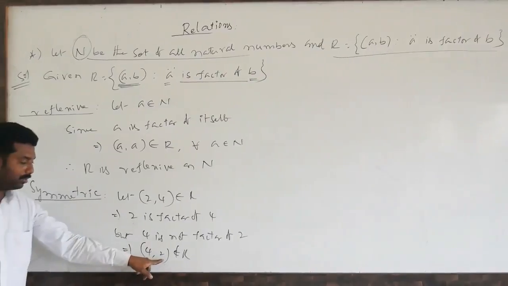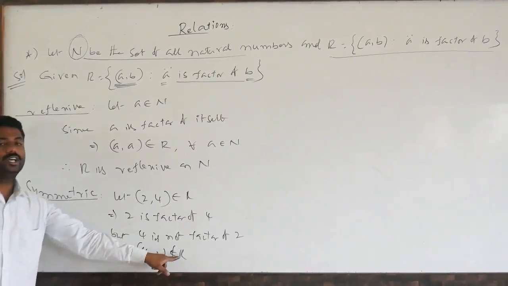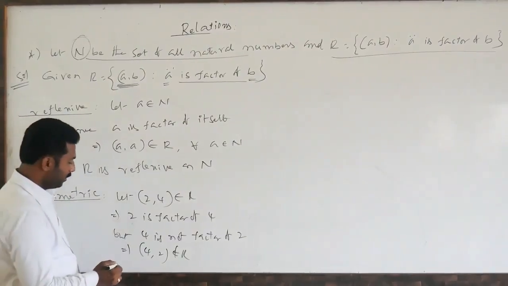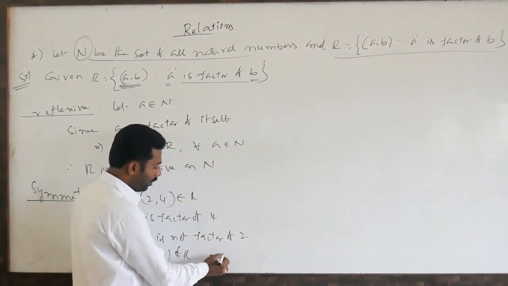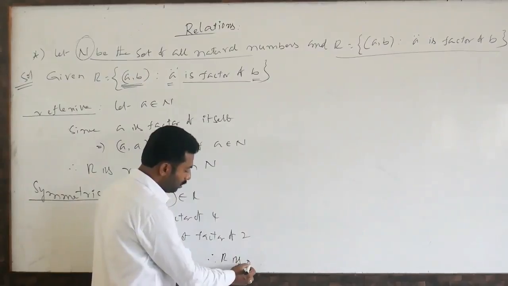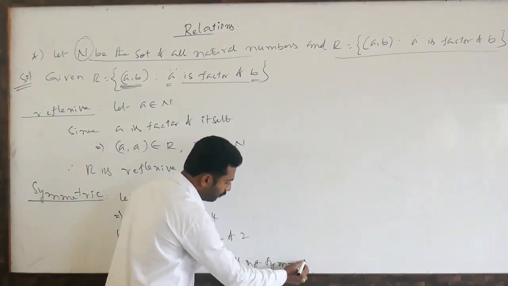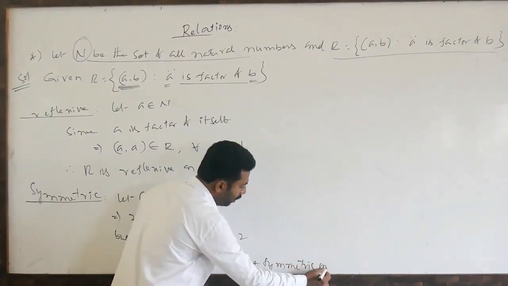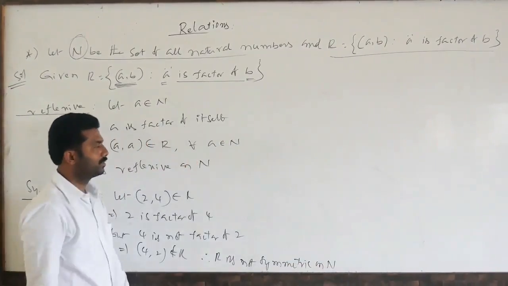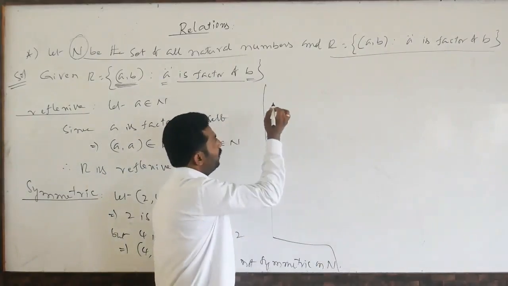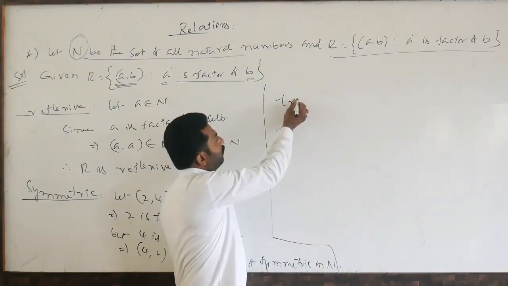But (4, 2), that is (B, A), does not belong to capital R. Therefore, capital R is not symmetric on natural numbers.